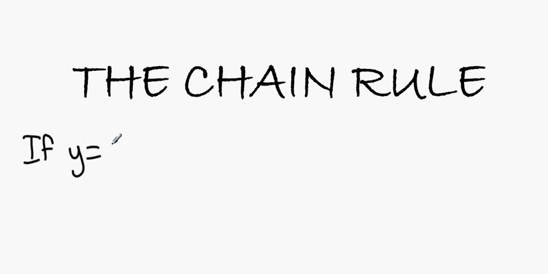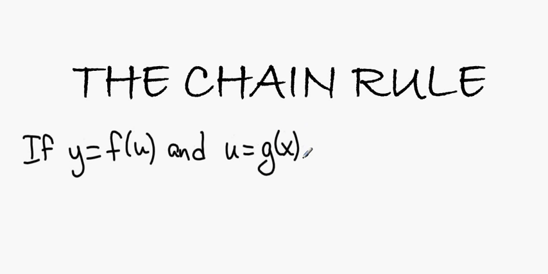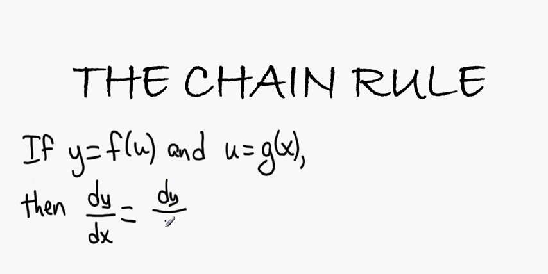If y is a function of u, that does not say fu, that says that y is a function of u, and u is some other function of x, then the derivative of y with respect to x is the derivative of y as if u were the variable, times the derivative of u with respect to x.